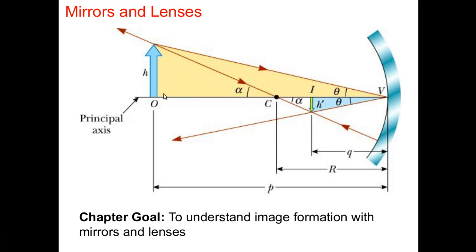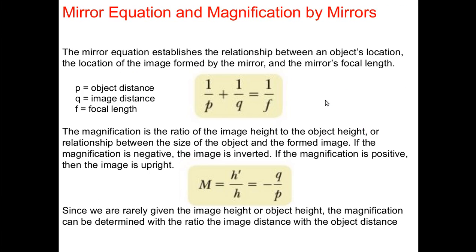There's an object distance, there's a height, there's an image distance, and there's an h prime. So they're right triangles, and we're using that property to establish this relationship. The magnification is negative q over p, where q is the image distance and p is the object distance.